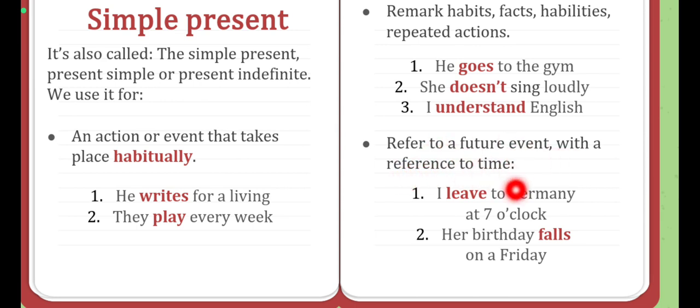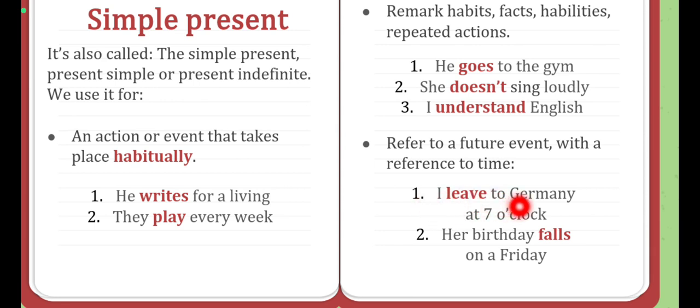For example, I leave to Germany at 7 o'clock. So here we have the time reference for the future, 7 o'clock. If you only say I leave to Germany, it doesn't make sense. You need to add the time reference for the future, at 7 o'clock.